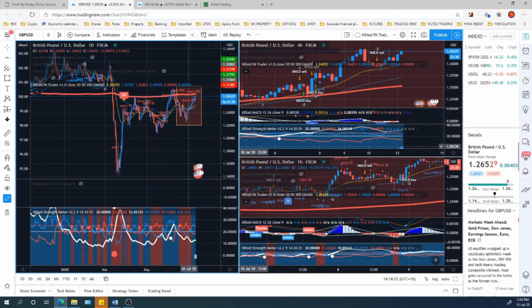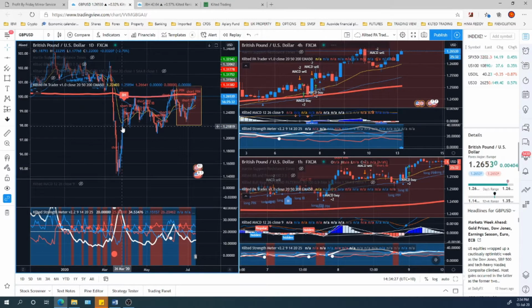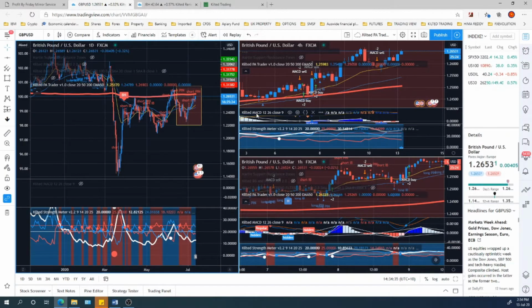Now, the way I've set up my chart is quite common amongst professional traders, and we're no different here at Kilted Trading. It depends on the time frame you're looking at, and where you're picking your signals from. In this case, I've got a few alerts set up for picking signals off the 4-hour chart.